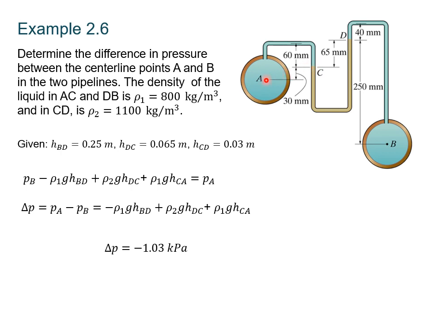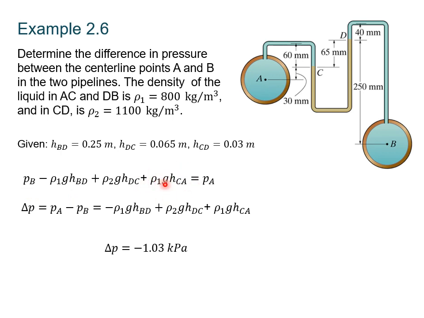Now we want to find the pressure here. So here the pressure is the same as it is here because, again, we're moving horizontally. The pressure here is the same as it is there. And then we're going to move up, so we're going to subtract density 1 times g times the height difference from here to there, which is 30 millimeters.